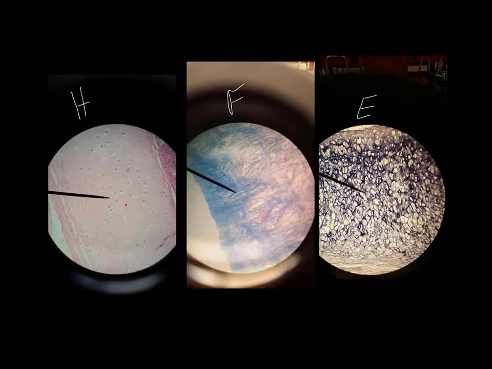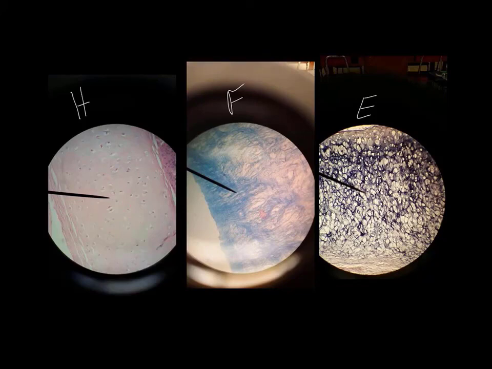So even though it's pink in this image, it's often stained blue. I've seen it stained green. So don't learn colors. Learn to see what the fibers do. And in hyaline cartilage, we don't see the fibers, and the cartilage looks kind of like stained glass.